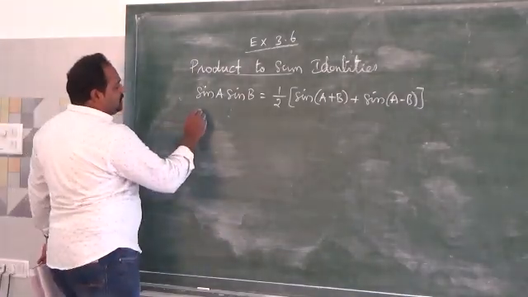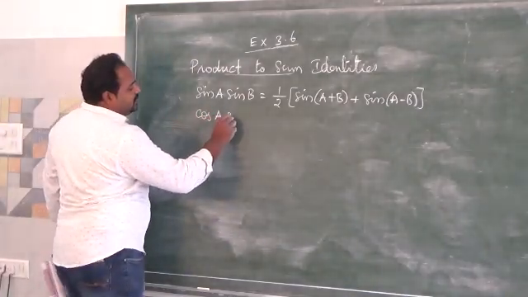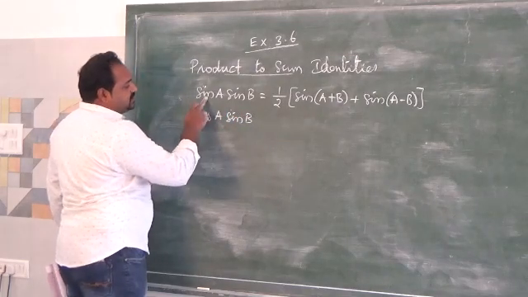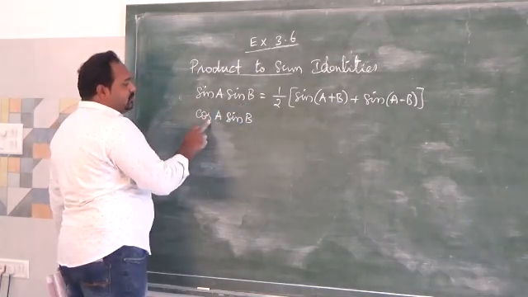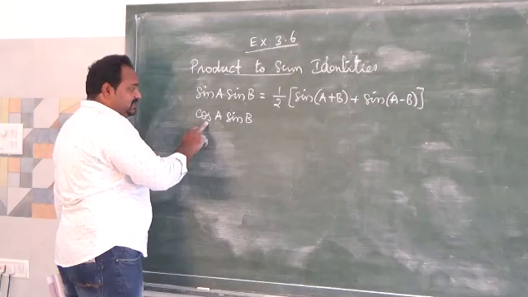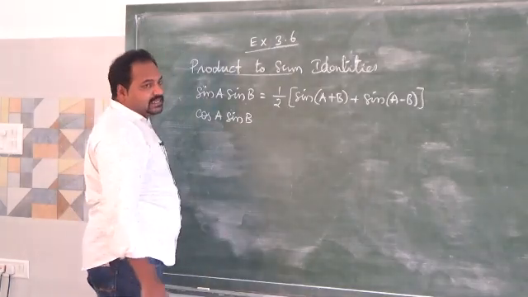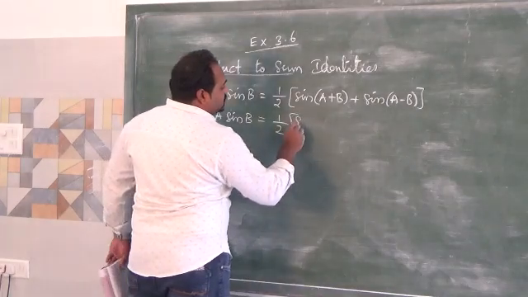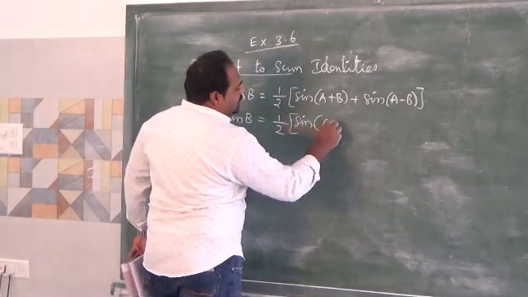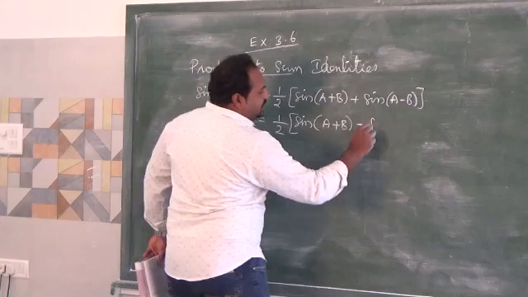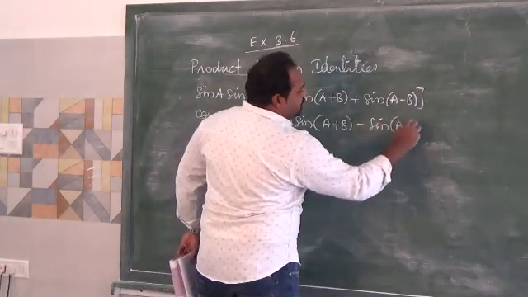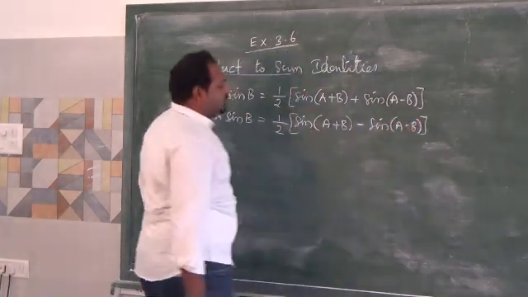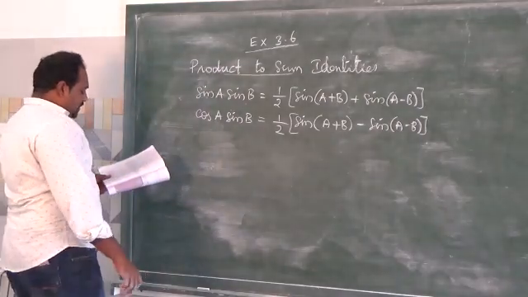Second one, cos A sin B. If cos A is first, sin B is second, then 1 by 2 [sin(A plus B) minus sin(A minus B)]. This is the second one.